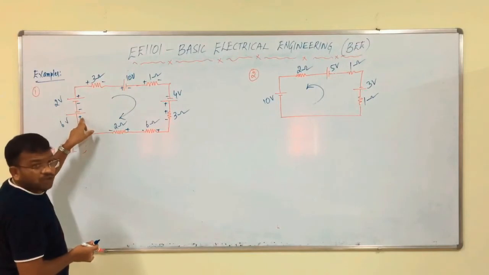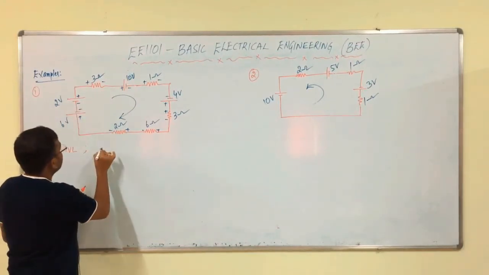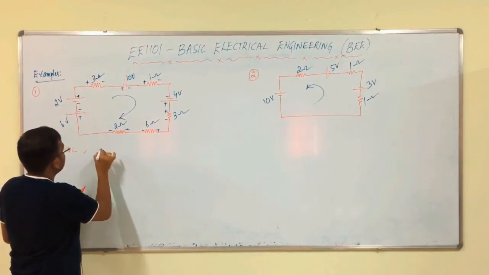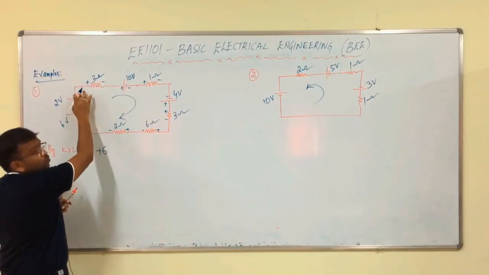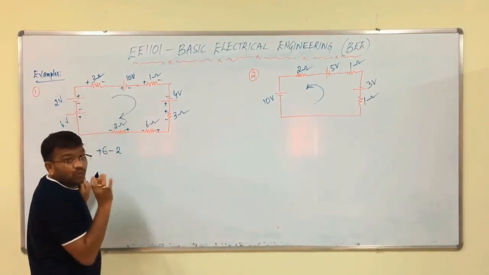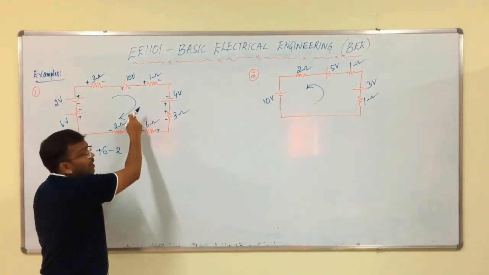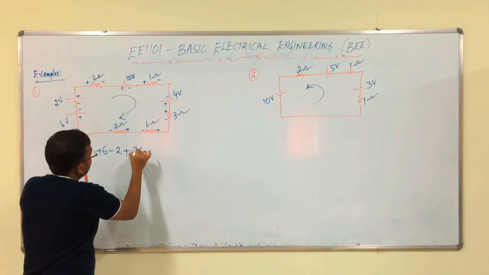This should be positive to negative, that is why plus 6, negative to positive, that is minus 2. From here positive voltage drop because clockwise, plus 3 into I, what is the value of I?